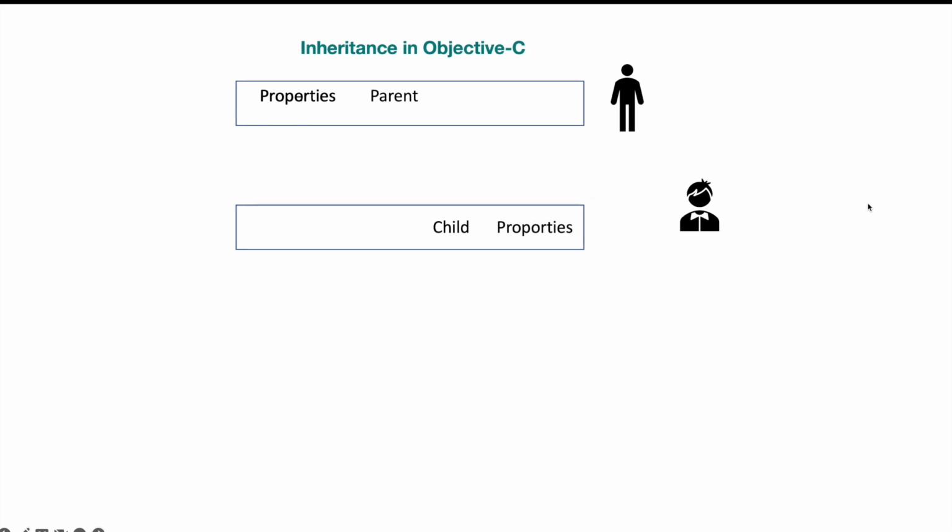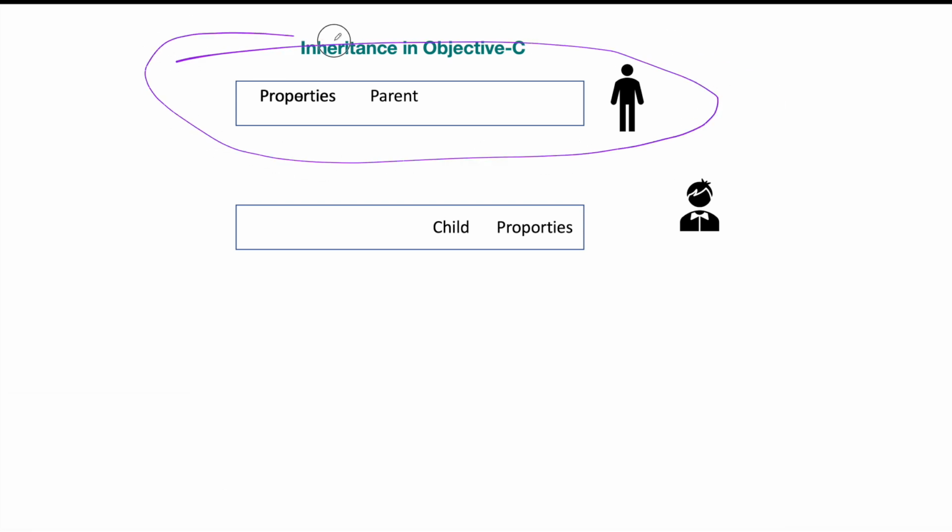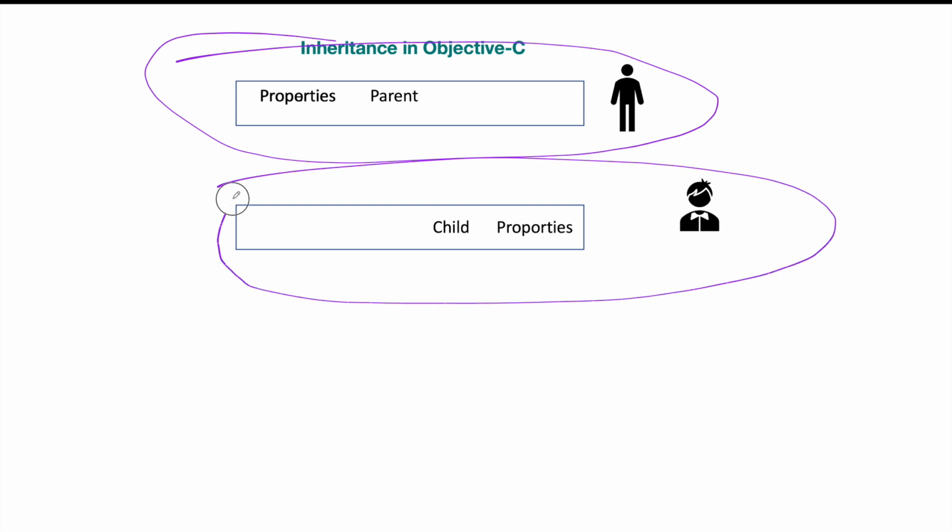So this is the actual structure of Objective-C. This is your base class or parent class, and this is your child class. Just like in a traditional way, you are the authorized person who inherited some properties from your parents, or you are taking care of your parents' properties.